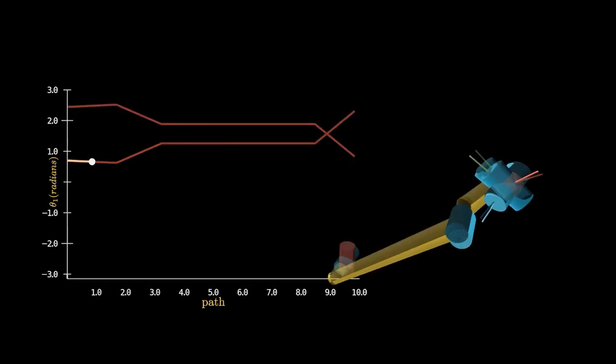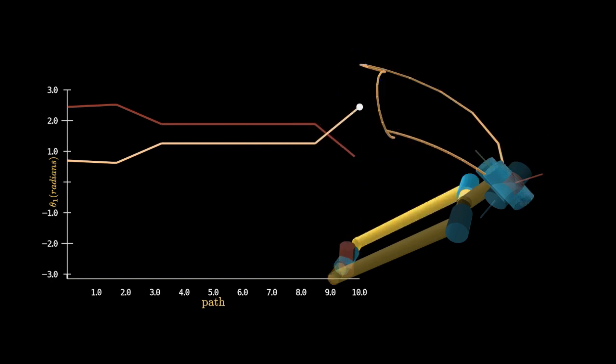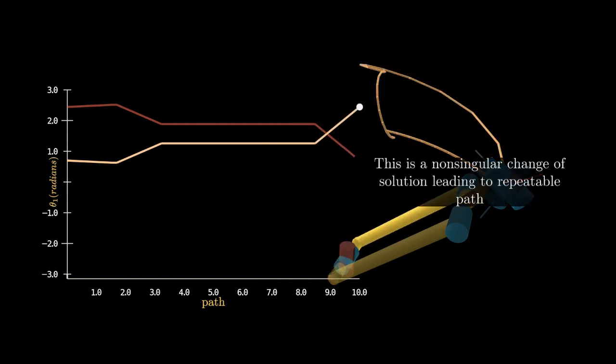But are all non-singular change of solutions not repeatable? Well, that's not true. In fact, here we show an illustration where there is a non-singular change of solution which indeed is repeatable.